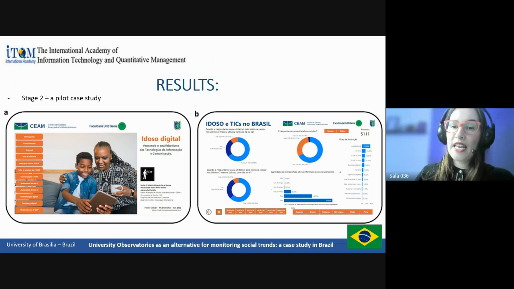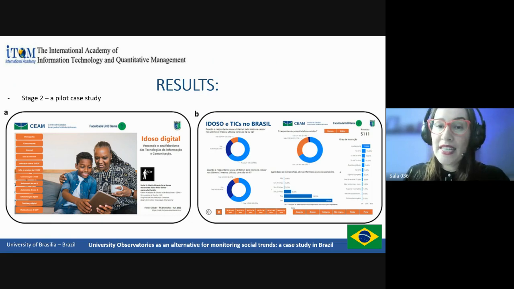The value of the observatory is precisely in the delineation of the study public, since the older group is more complex to access, especially during the pandemic period.